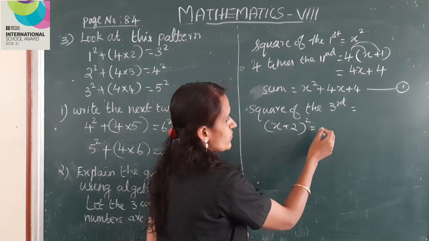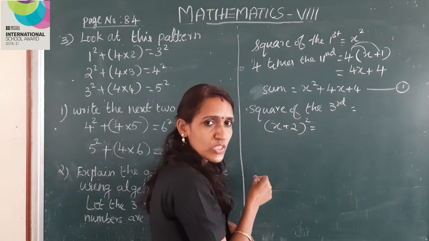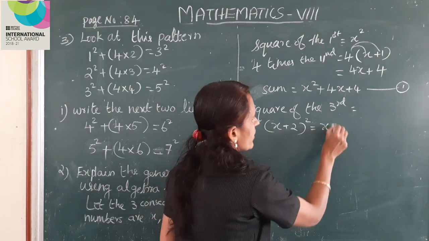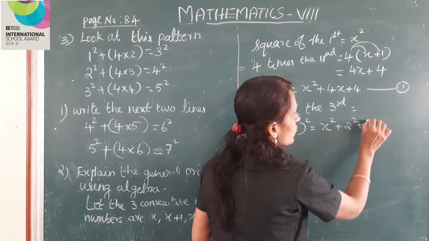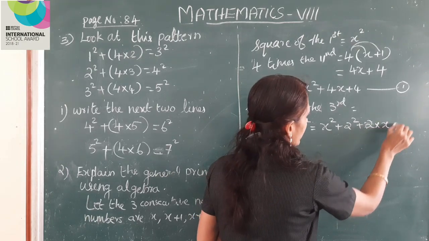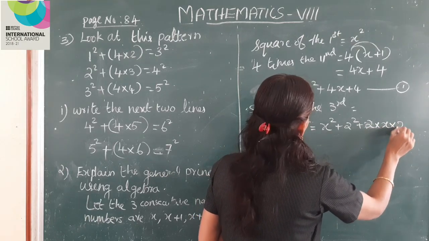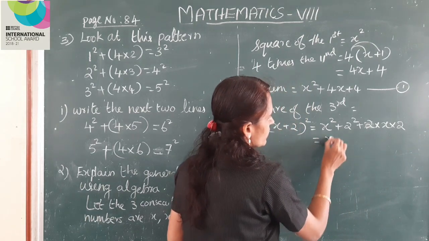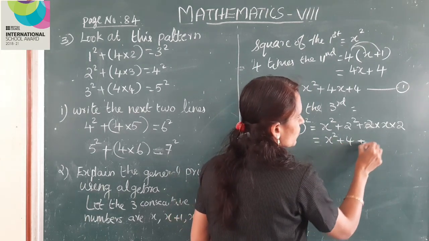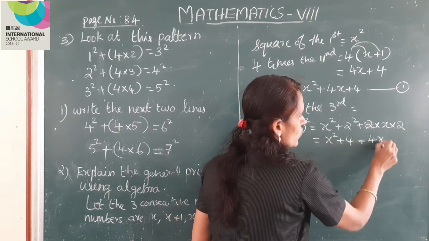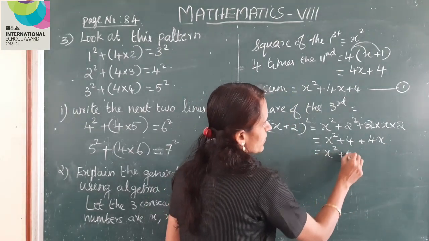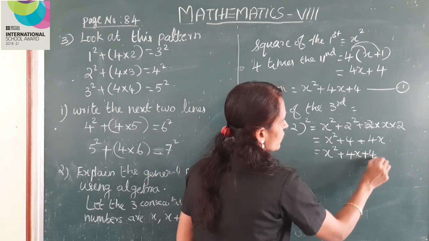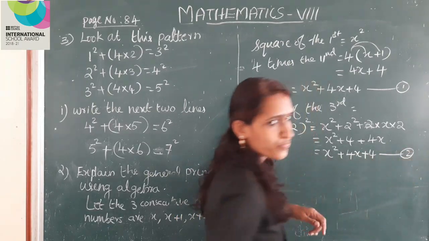Here, using the identity x plus y whole square, x square plus 2 square plus 2 into x into 2. This is equal to x square plus 4 plus 2 into 2, 4x. This is equal to x square plus 4x plus 4, mark it as 2.